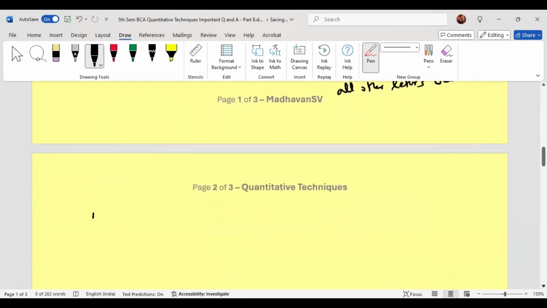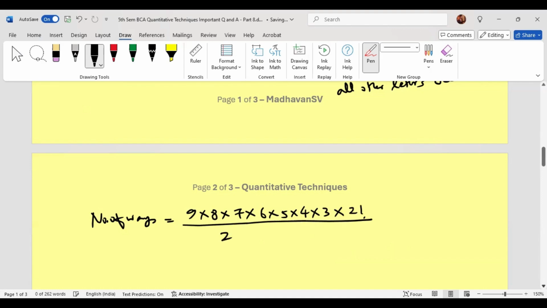So the number of ways is equal to 9 factorial, which can be written as 9 into 8 into 7 into 6 into 5 into 4 into 3 into 2 into 1, divided by 2 factorial into 2 factorial into 2 factorial. One 2 factorial can be cancelled.